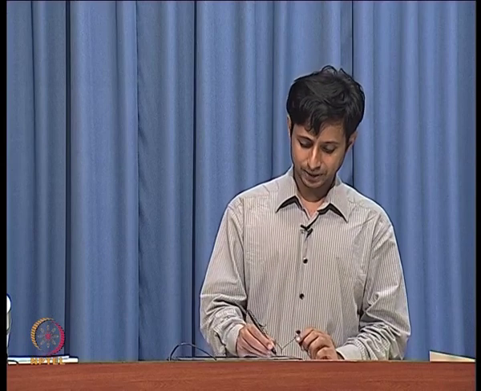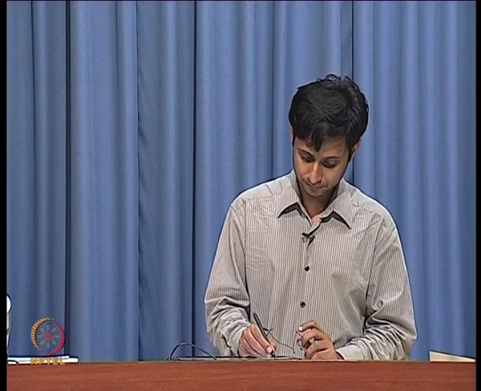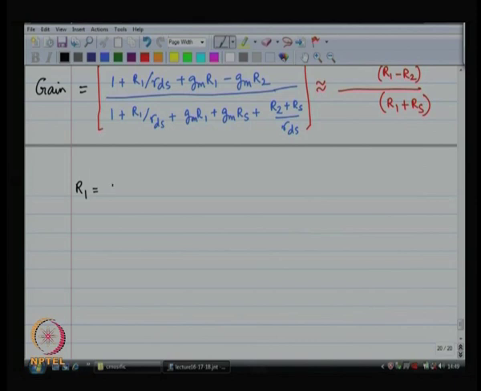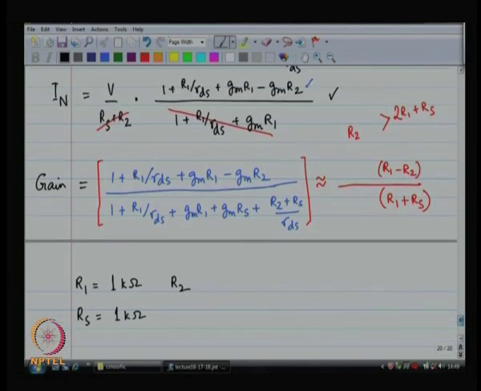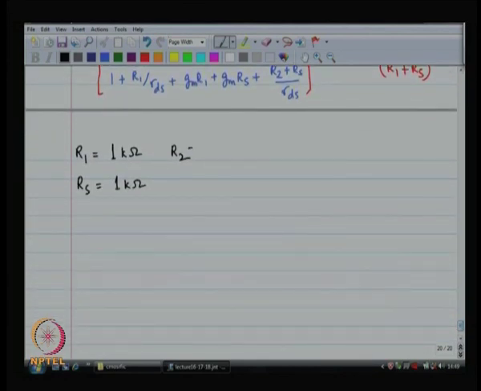So, let us say R1 is 1 kilo ohm, RS is also 1 kilo ohm, R2 has got to be more than 3 kilo ohms, let us say R2 is 10 kilo ohms, and let us say GM is 10 millisiemens, RDS is 2 kilo ohms.